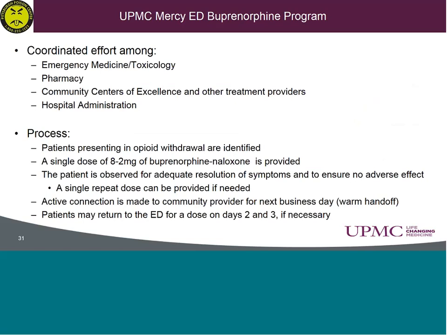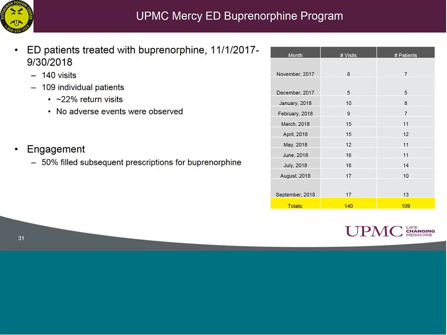That obviously takes a coordinated effort among emergency medicine, toxicology, pharmacy, our community providers, and hospital administration. Essentially, if a patient arrives in opioid withdrawal, we treat them with buprenorphine, and then once their withdrawal is treated, we talk to them about getting into treatment and so forth, and referrals.